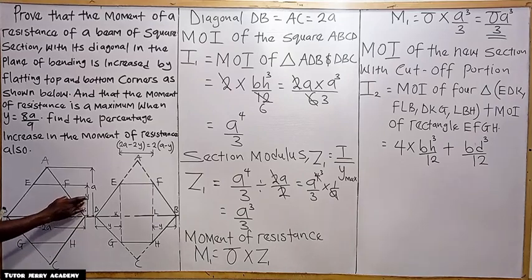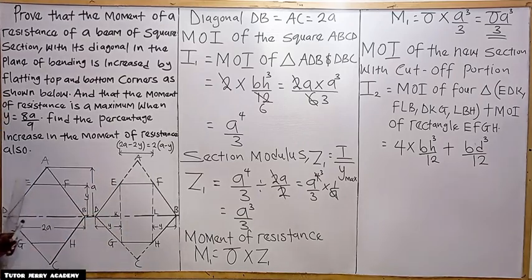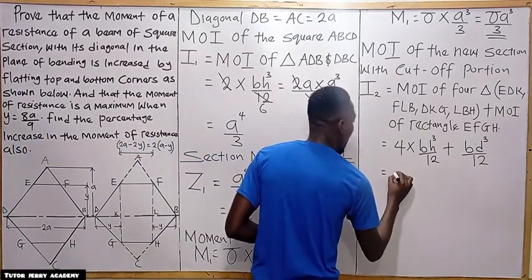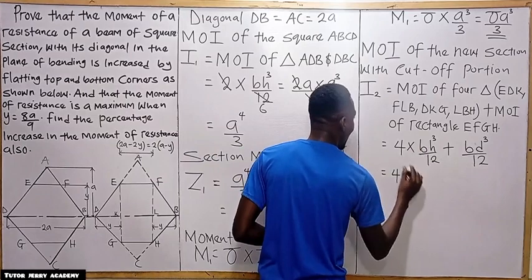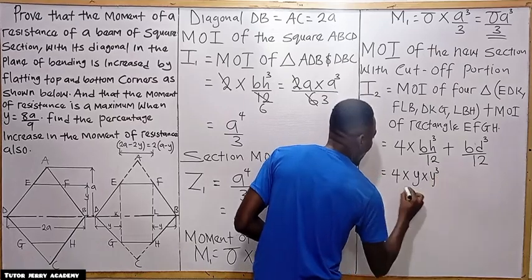It means this part is the same as this part, which is the same for all. So for the triangle, I'm going to have 4 multiplied by the base y and the height also y, over 12.